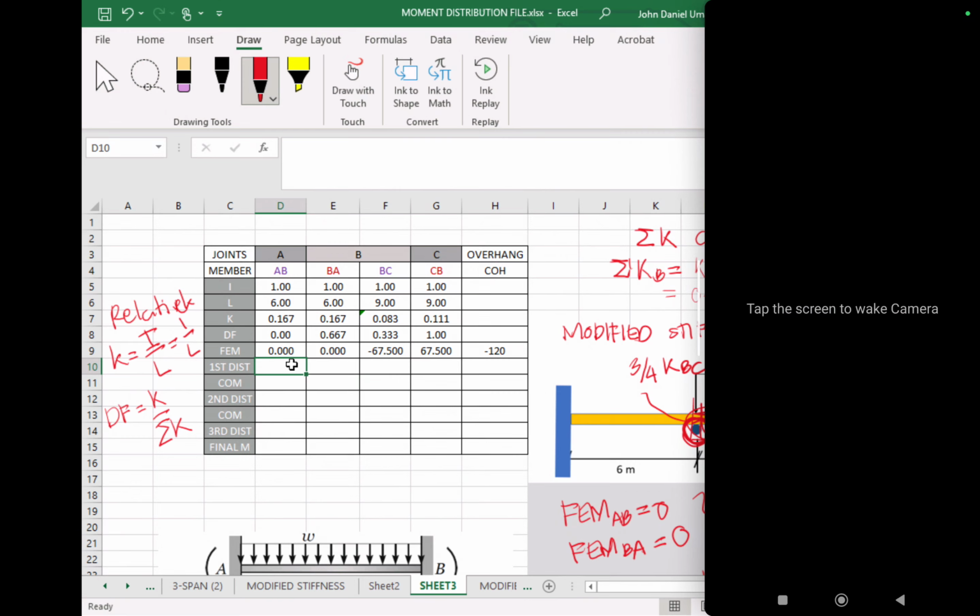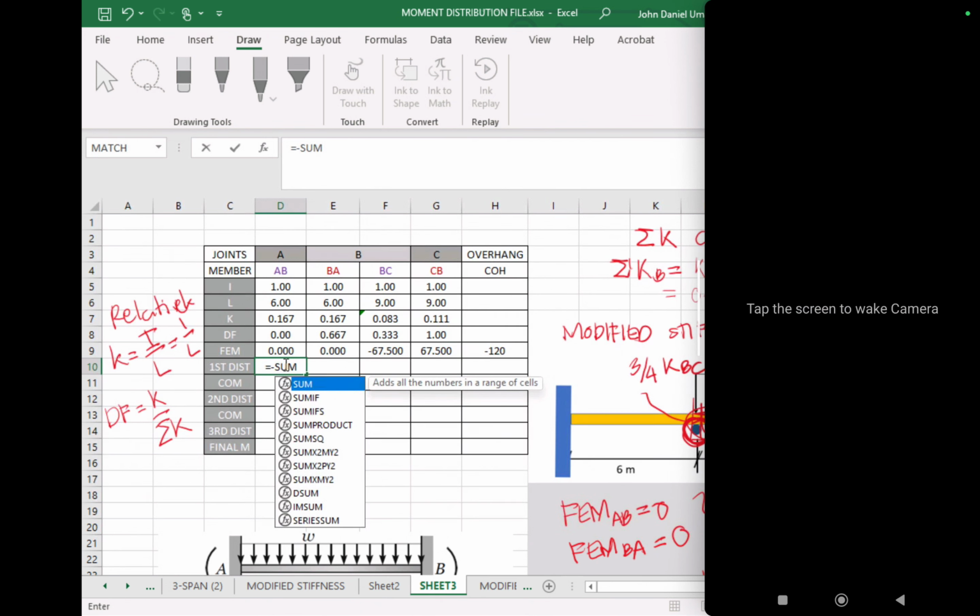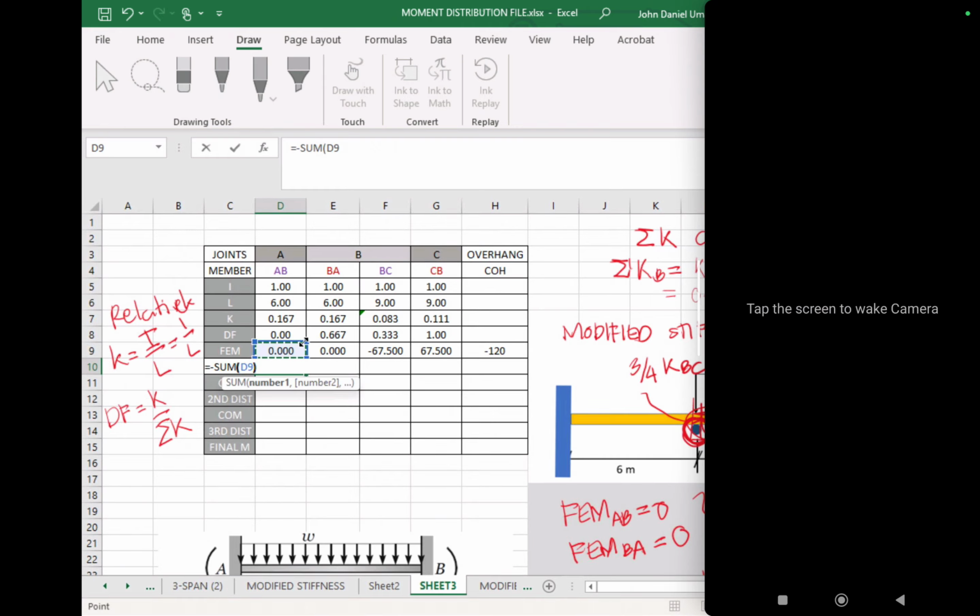Okay, so first distribution. So, ano ba yung mga moments na mag-act sa first, sa AB? Or sa joint A, I mean. Ito lang. Yan lang yung mag-act na moment at joint A. So, we apply a negative sum of that times the distribution factor.